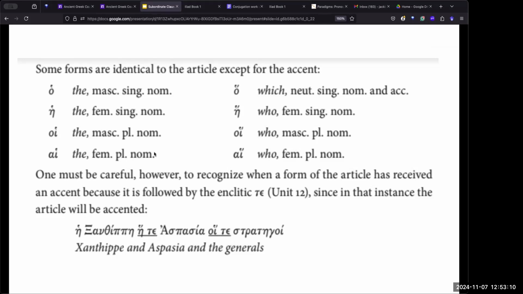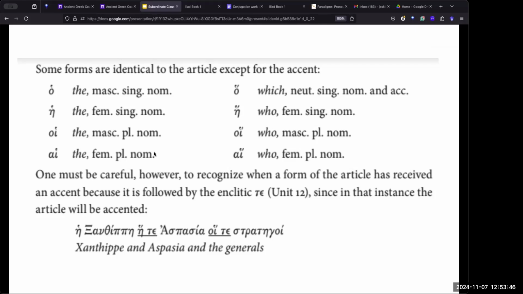So here are cases where the accent is important. They look exactly the same, right? Ho, hē, hoi, hai. Exactly the same, right? The only way to tell that they're different, that one is not the, but who or whom, etc., is our accent. Because the article doesn't have an accent in the nominative, whereas the relative pronouns have accents all the way down.